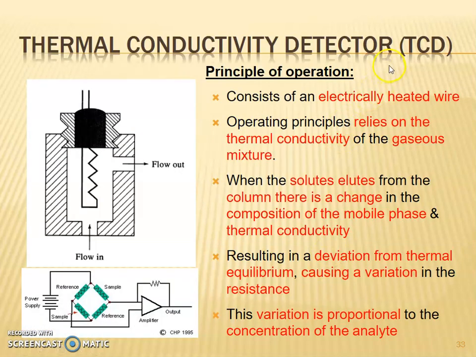The TCD consists of an electrically heated wire. The operating principle relies on the thermal conductivity of the gaseous mixture. When the solute elutes from the column, there is a change in the composition of the mobile phase and thermal conductivity, resulting in a deviation from thermal equilibrium, causing a variation in the resistance.